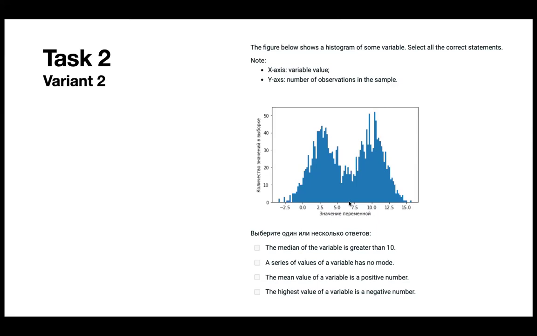It's somewhere here. So it's for sure not greater than 10. Then we have: a series of values of a variable has no mode. That's also not true. There can be no mode in, well, okay, we'll just talk about it. I don't think we need to repeat it.